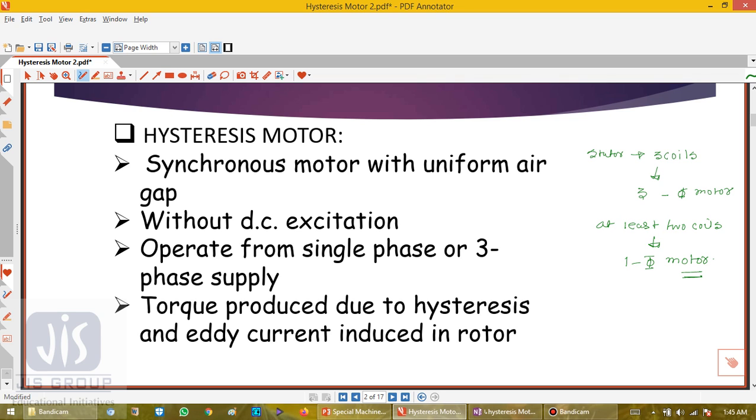In both cases, the basic requirement is that the stator must be able to produce a rotating magnetic field in the air gap.